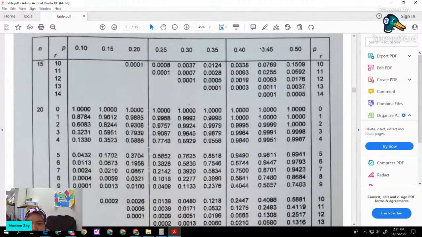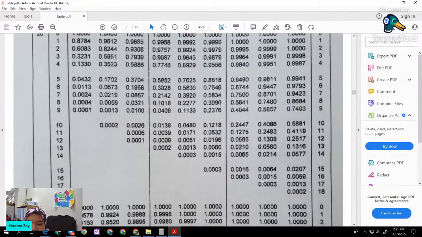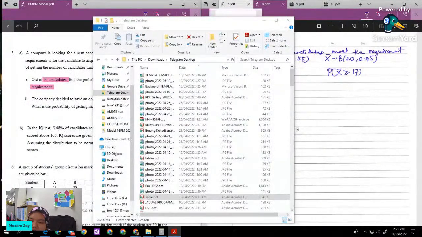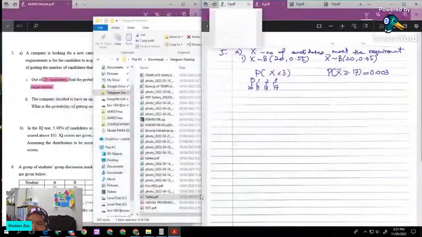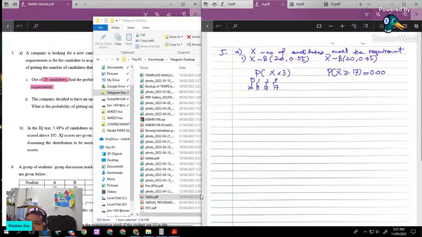Ada kat sini. 0.45, 17 is here, 0.0003. So you directly dapat jawapan 0.0003.